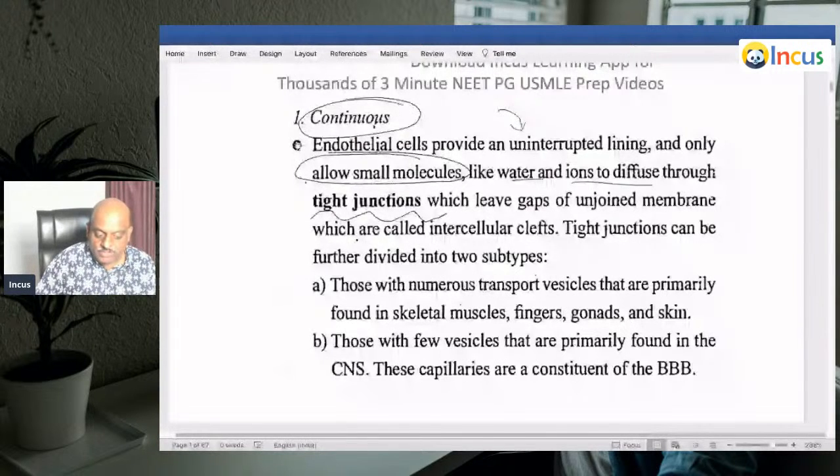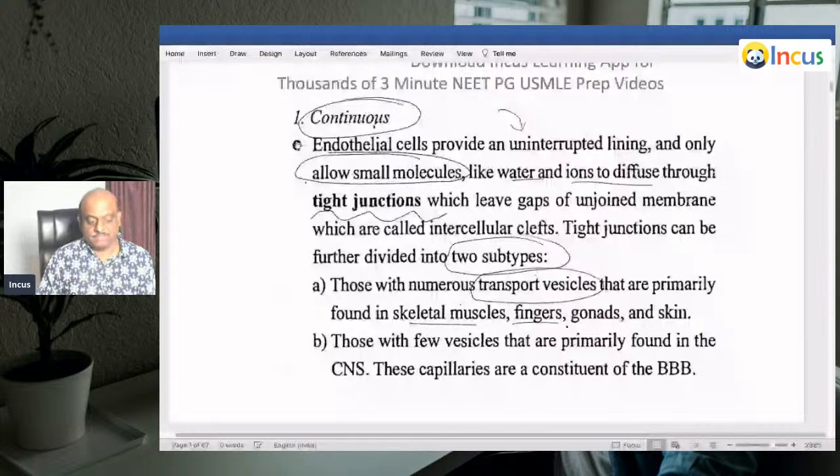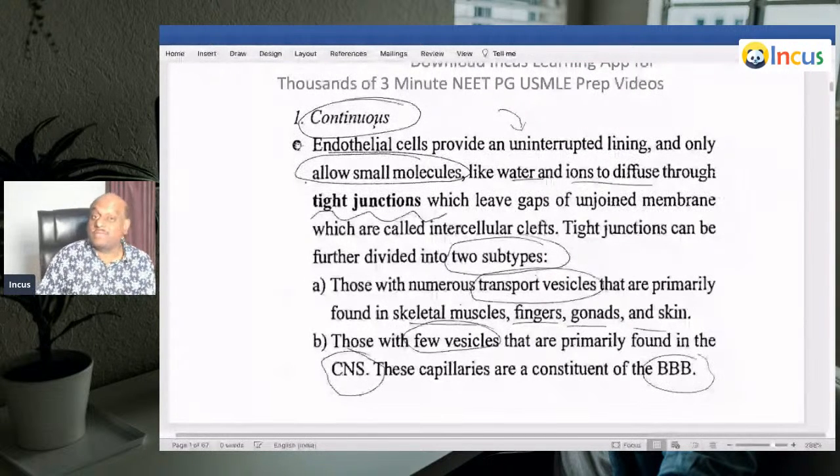Those with numerous transport vesicles, you find them in the skeletal muscles, fingers, gonads, and skin. And those which have few vesicles are found in the CNS, and the blood-brain barrier has this second type. That's what you need to remember.